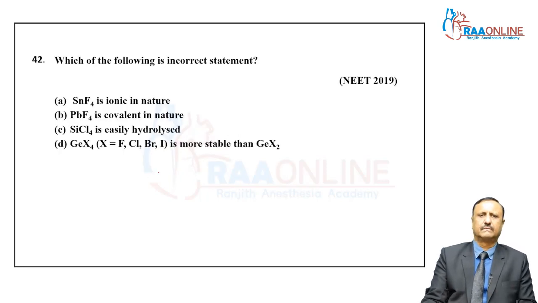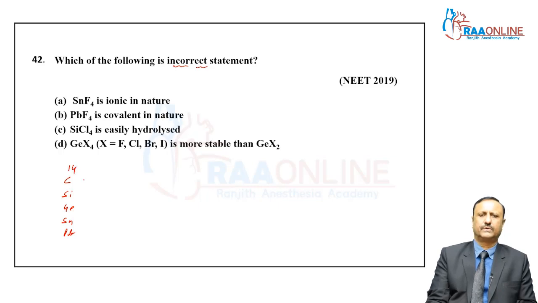Now, we can see question number 42. Which of the following is an incorrect statement? This question was asked in NEET 2019. Here, my dear students, we can see the incorrect statement. Carbon, silicon, germanium, tin and lead are the 14th group elements.